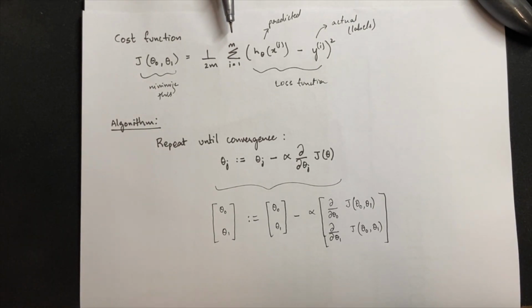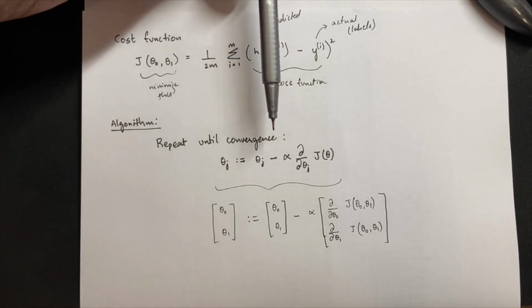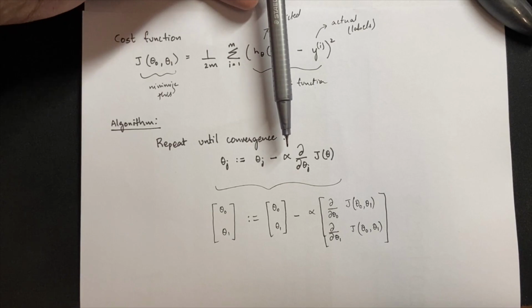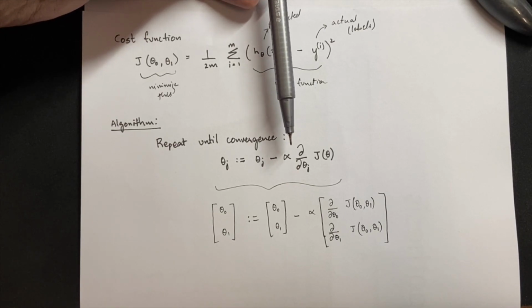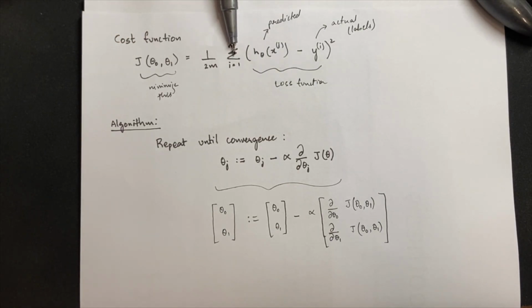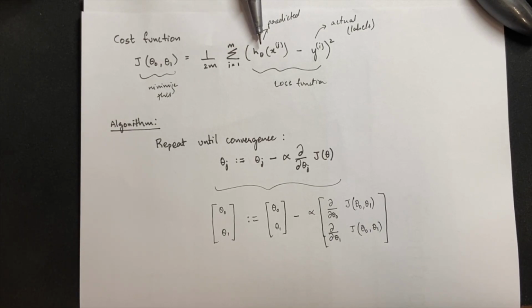Now let's define our terms here. M is the size of the training set, or the size of the data set that we have, and alpha is the learning rate. i represents the index of the training example, and theta is our main parameters to be optimized.